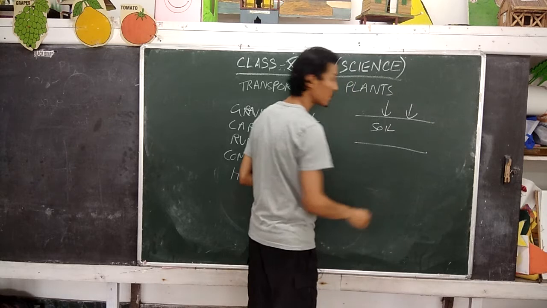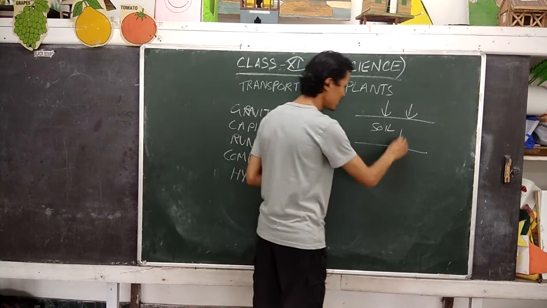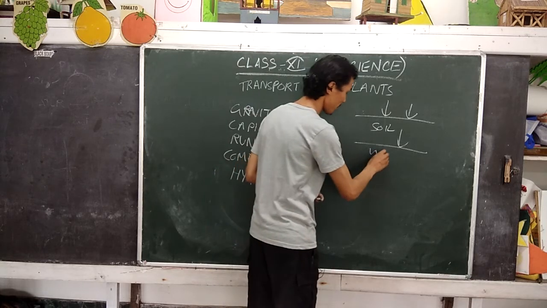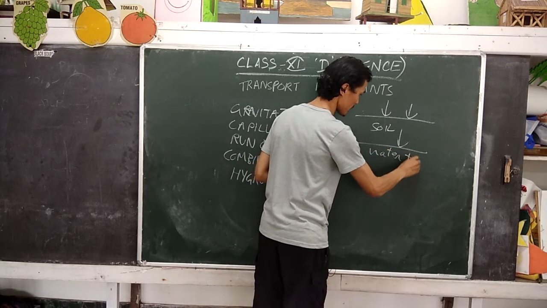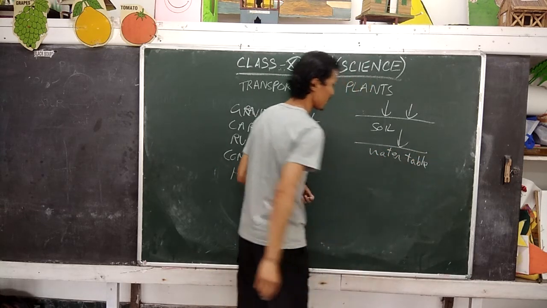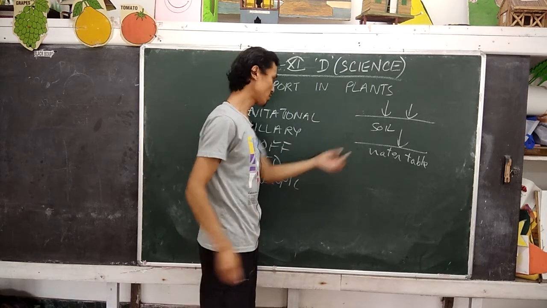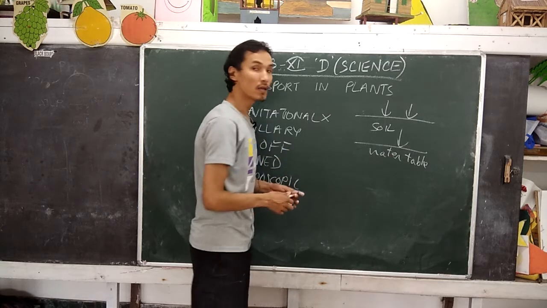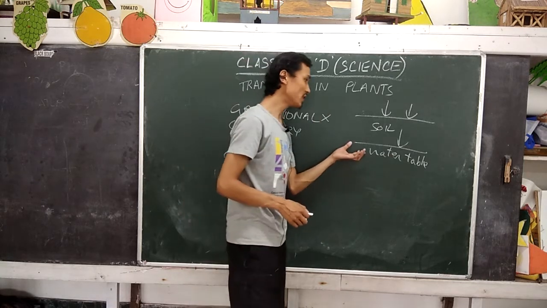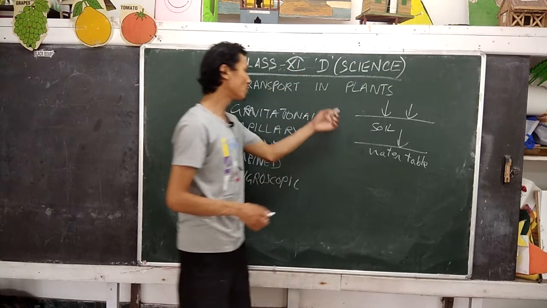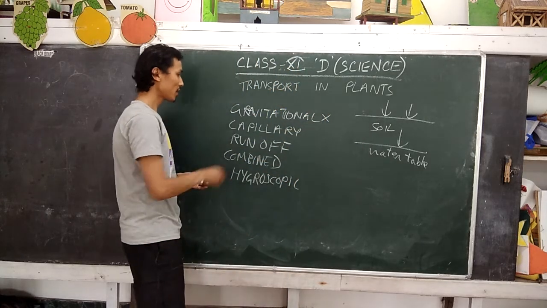Gravitational water means, for example, what happens is, after rain, the water moves deep into the soil and reaches the water table. This water cannot be absorbed by the plants. So gravitational water moves deep into the soil because of the force of gravity, and it is no longer of use to the plants.